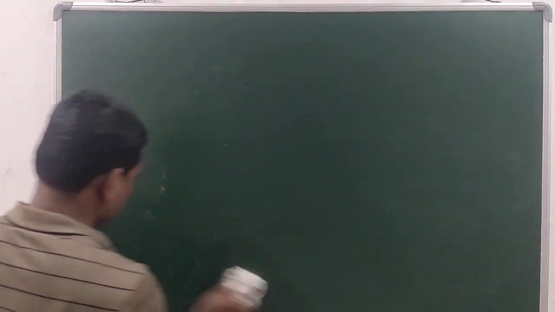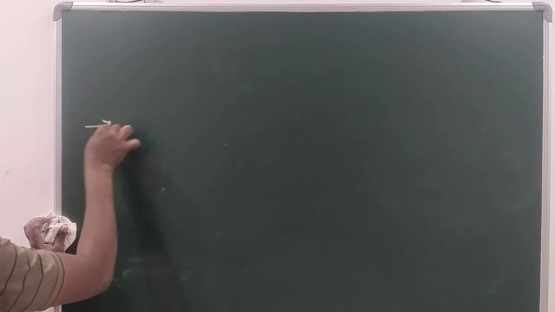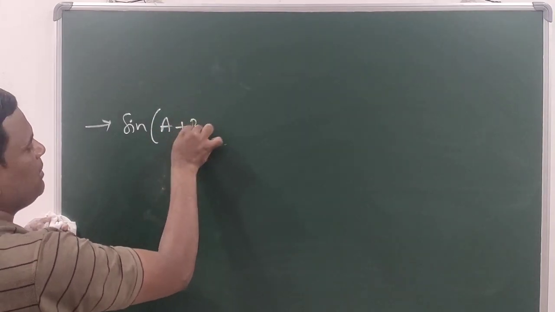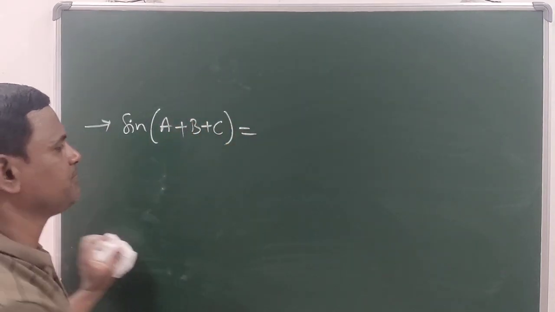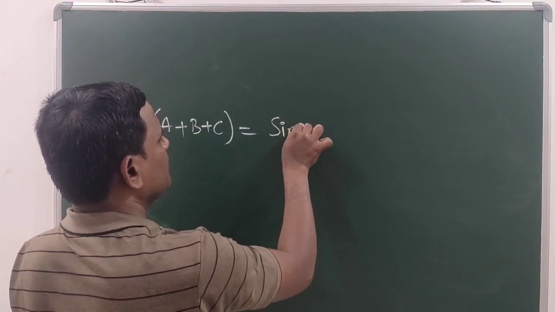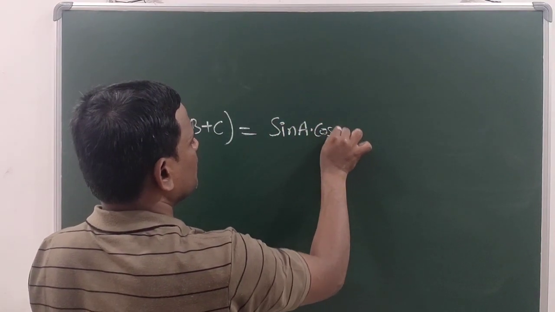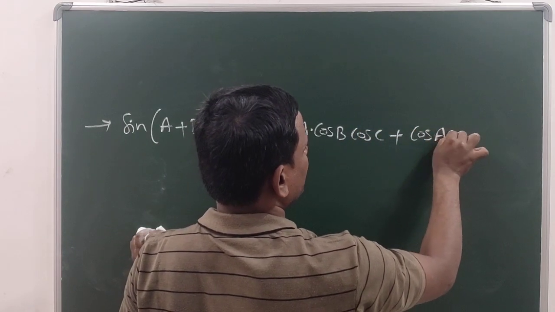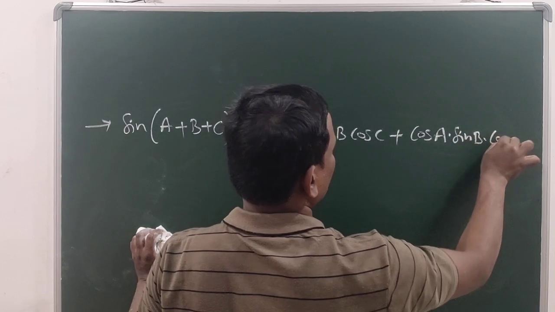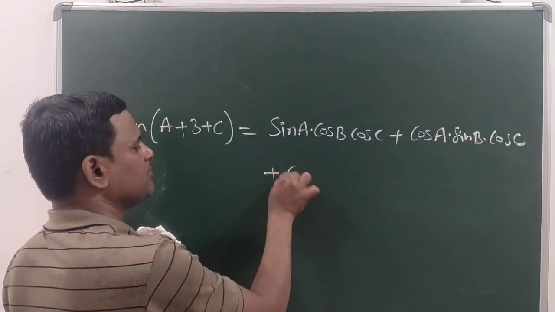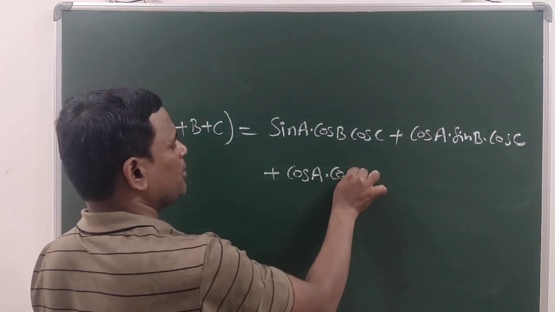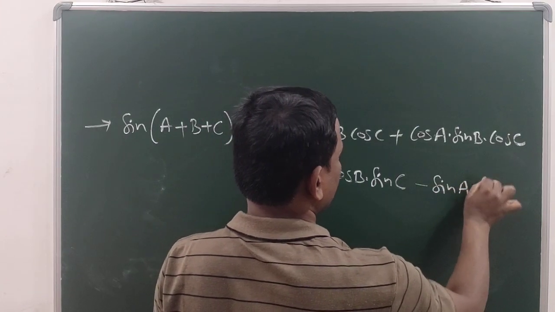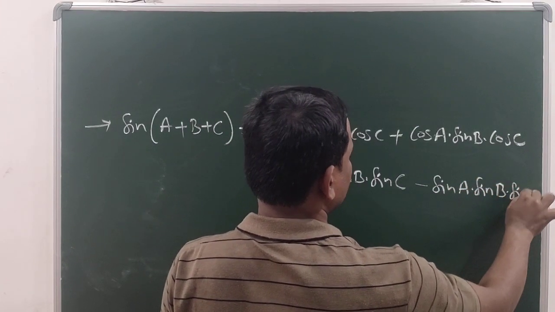Next, suppose if you want to define sine at a compound angle A+B+C, you will get this: sin A into cos B cos C, plus cos A into sin B into cos C, plus cos A into cos B into sin C, minus sin A into sin B into sin C.